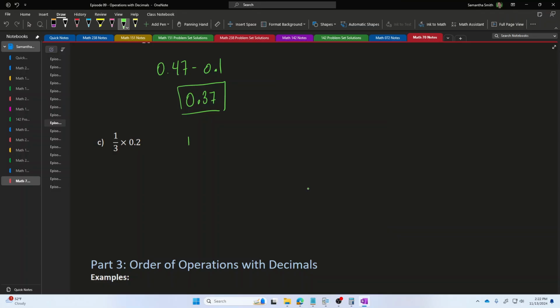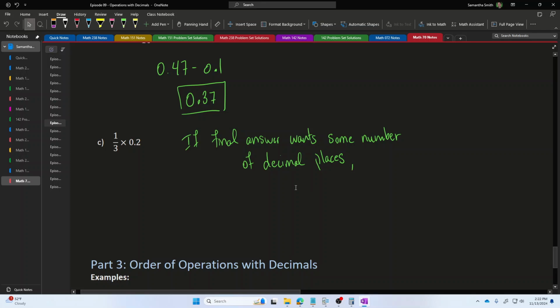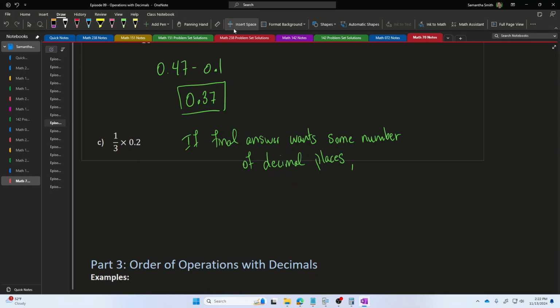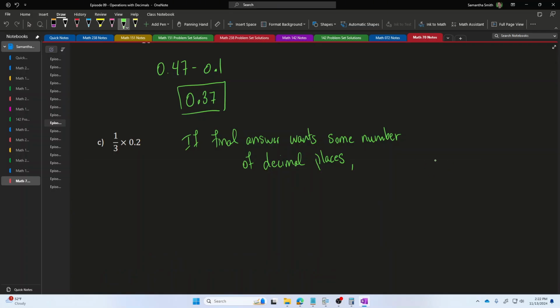If the final answer wants some number of decimal places, then in all the calculations you're doing before the final answer, give it a couple of extra decimal places just to make sure that you don't introduce any small errors by rounding too early.